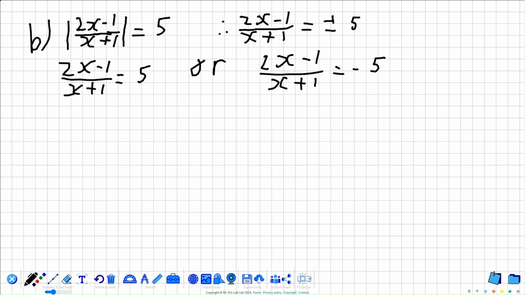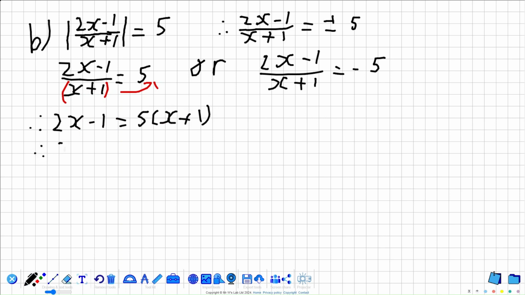And so we'll start by evaluating the left column. What we'll do is put this in a bracket and multiply it with that one. And so we'll get 2x minus 1 equals 5 times (x plus 1).